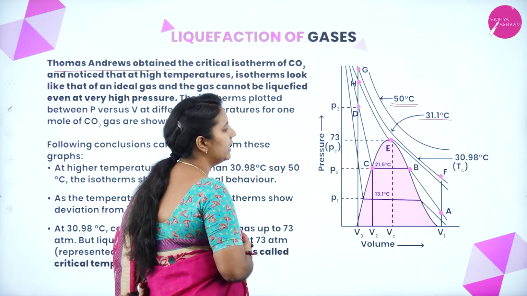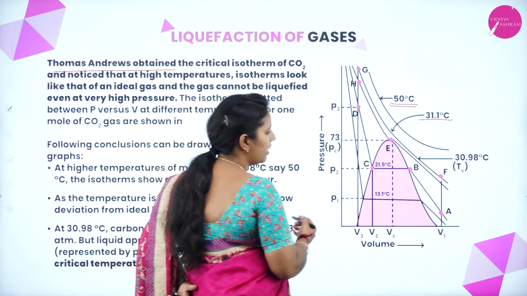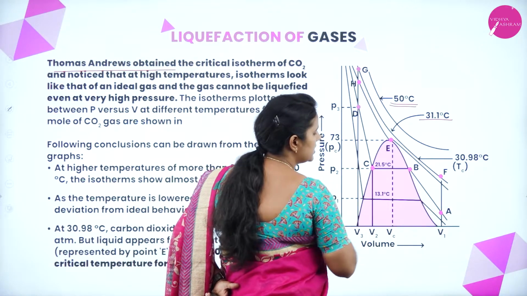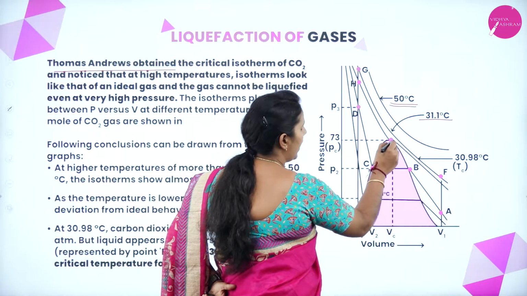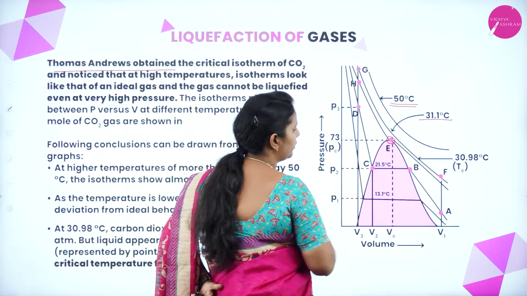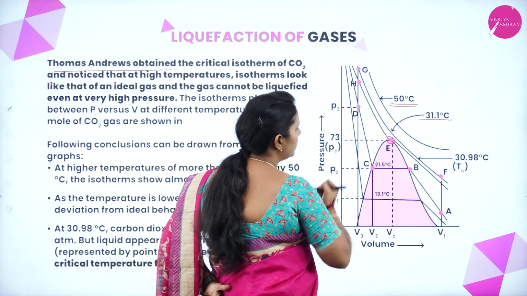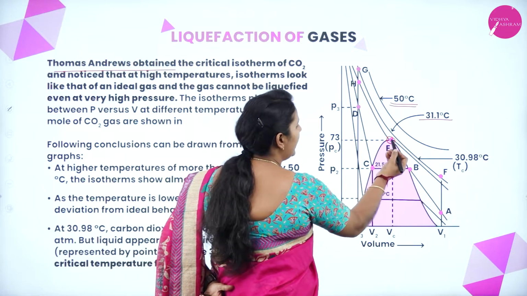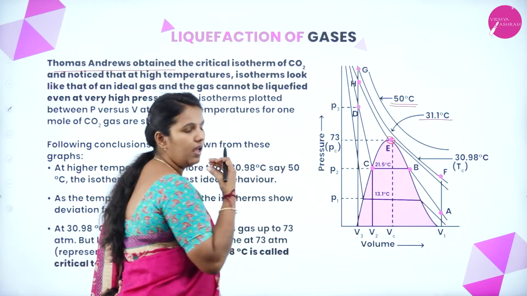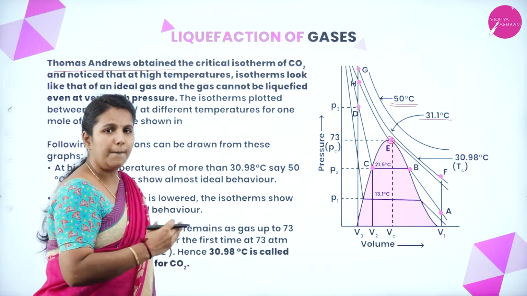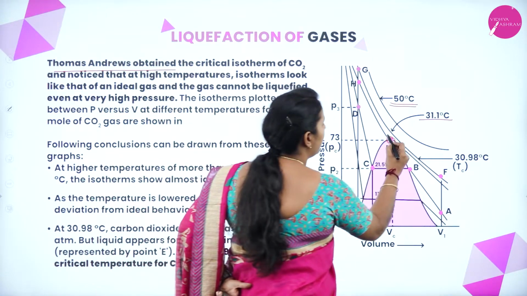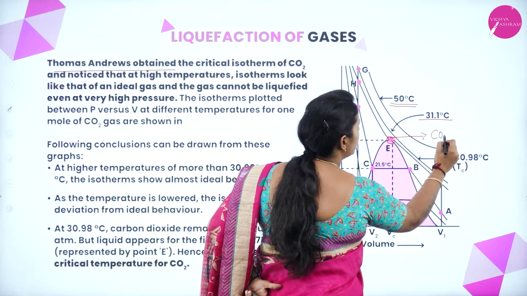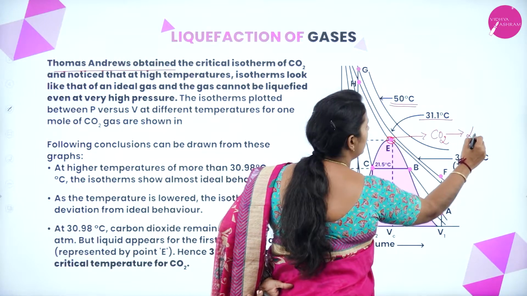30.98 degrees Celsius. He observed that when he increased the volume, the gas goes up, and at a particular point called E, the entire gas, that is CO2, is completely converted into liquid.